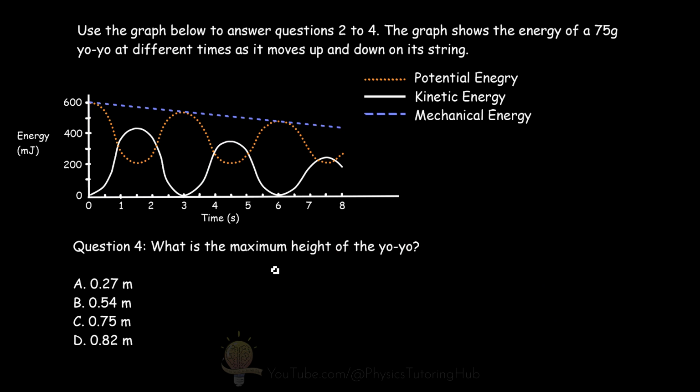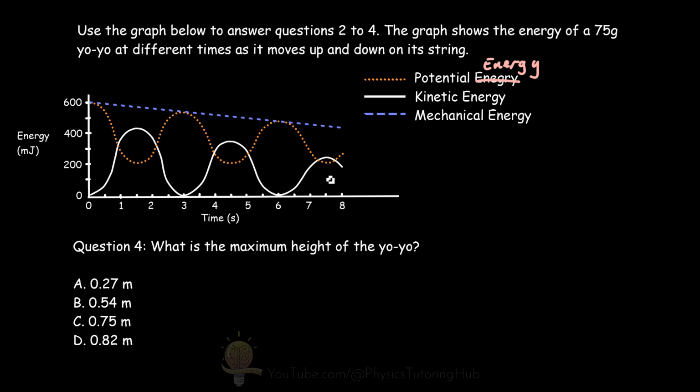What is the maximum height of the yo-yo during this 8-second time period? To find the maximum height of the yo-yo, we need to look at the gravitational potential energy in this graph, or the potential energy. Where on this graph is the potential energy at its maximum value?